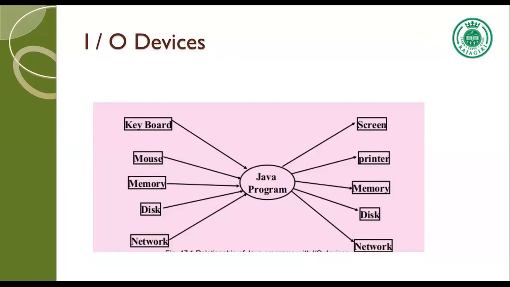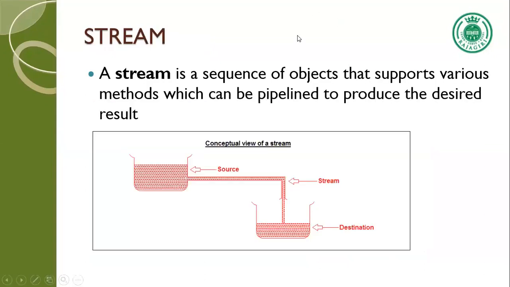Now what we will be learning now is how do you create all these input, create the output, how do you store them, and related things. In Java, we have a concept called stream.